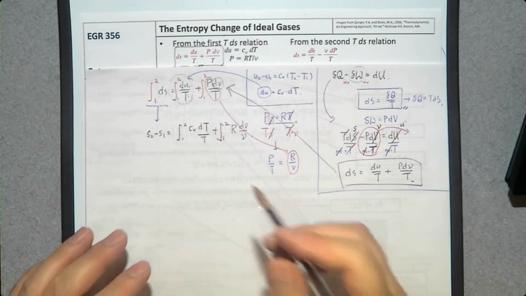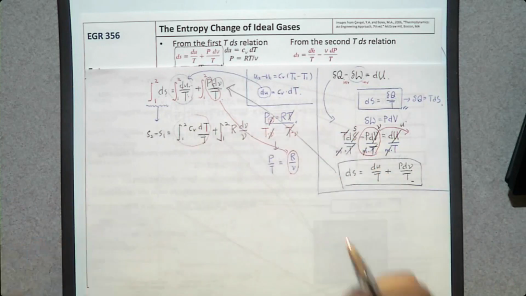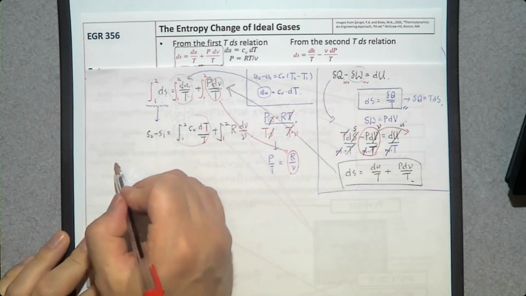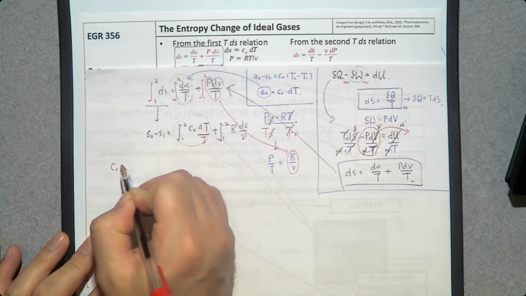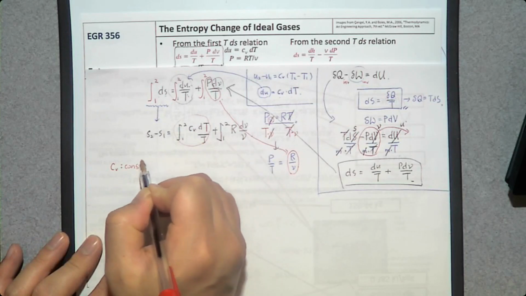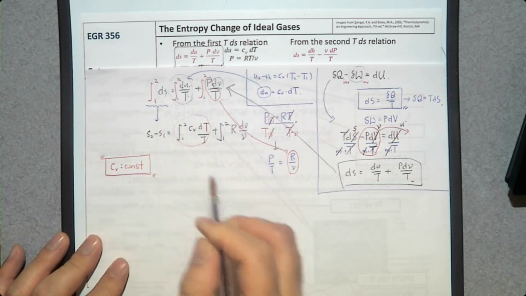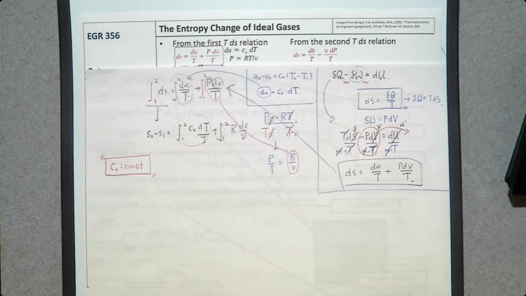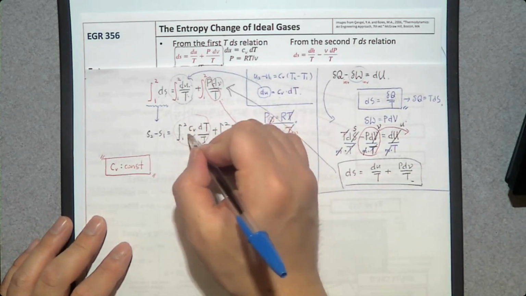Now, can you solve this one? We can solve that equation with one condition. I'm going to assume CV, specific heat, is constant. So this is the assumption: CV is constant. If you assume CV is constant, this one comes out.